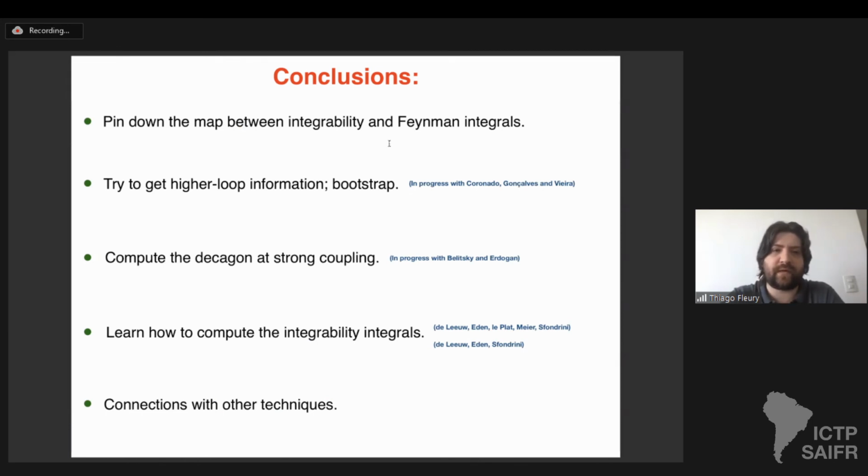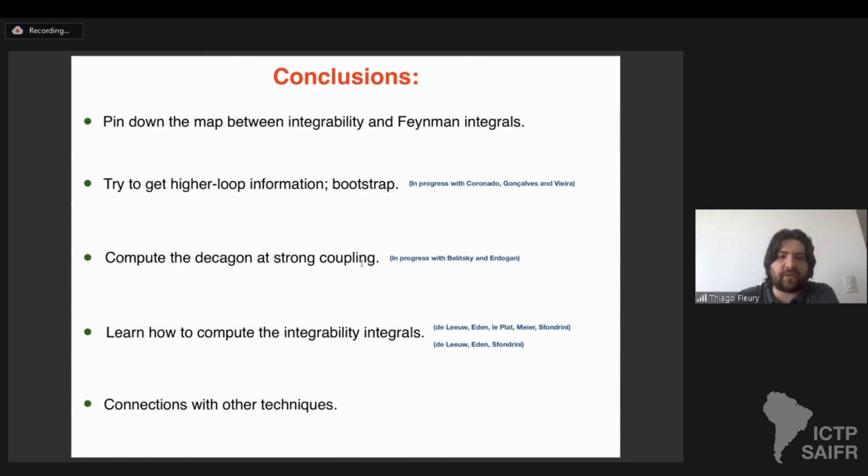I would be very happy to pin down this map in general, because then we can maybe construct very high loop order integrands for very high points. It would also be very nice to get higher loop information, like 3 loops, 4 loops, and so on. I think the easiest way would be to do some bootstrap. Basically, you saw that there are many constraints on these two particles.